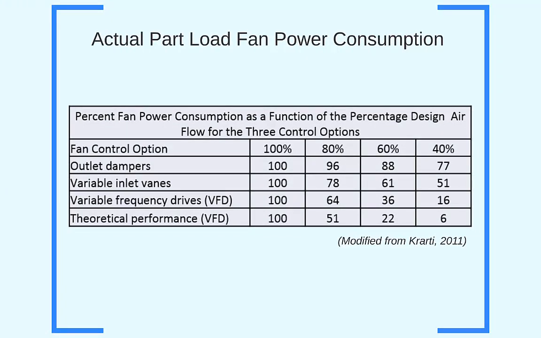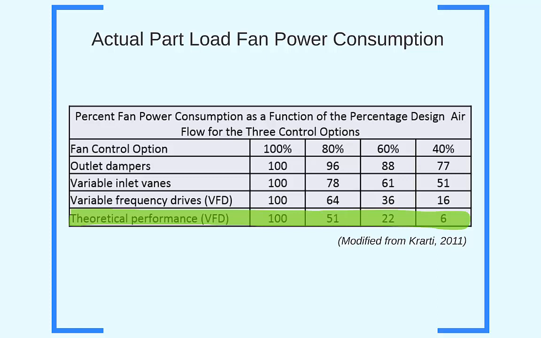This table shows the actual power consumption you would typically see when reducing the flow rate from its maximum speed. Notice the bottom row of this table provides you the theoretical energy consumption that would be calculated from the fan affinity laws. It also contains values for 3 different ways we can use to control the volumetric flow rate of air: outlet dampers, variable inlet vanes, and variable frequency drives.